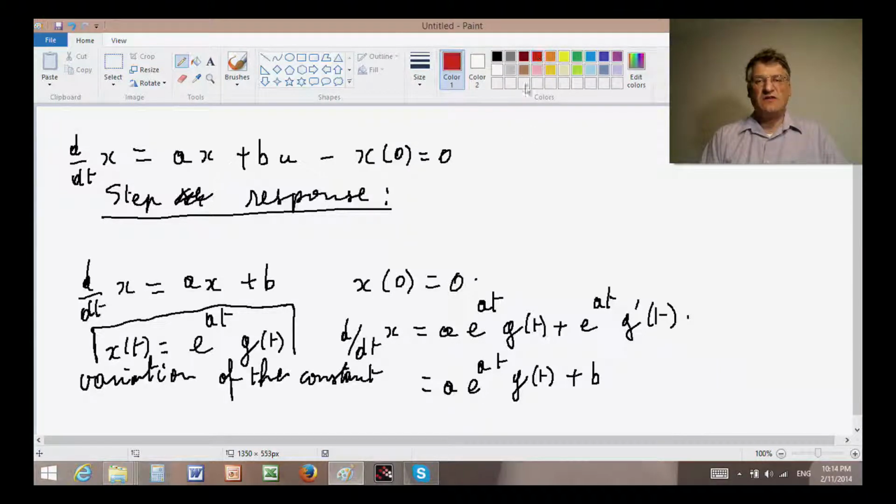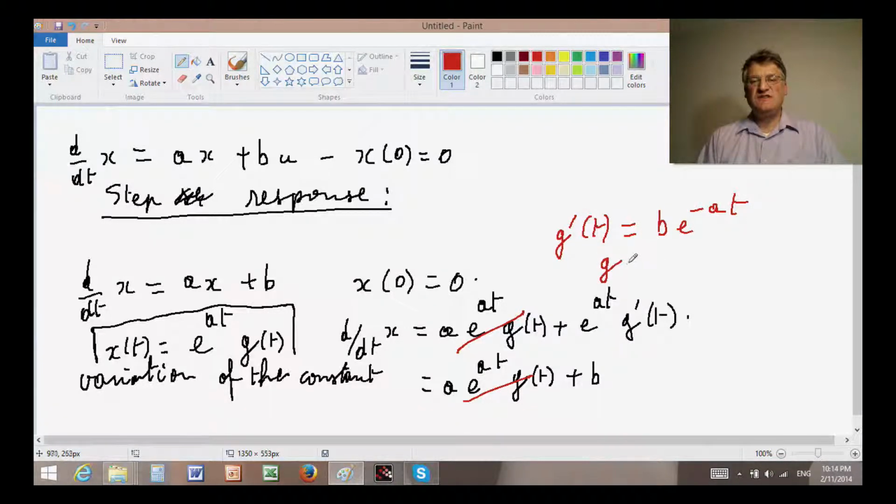Crossing out the two terms, we get that g'(t) must be equal to b times e^(-at), or in other terms, g must be equal to g0 minus 1/a times b e^(-at).